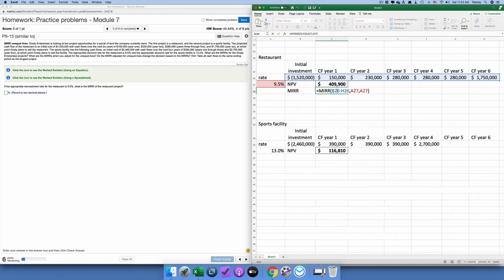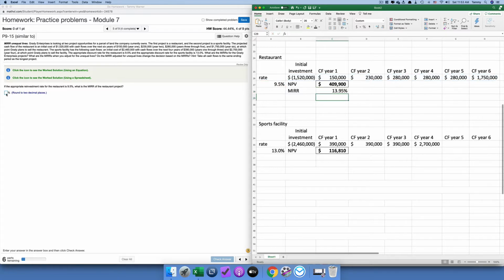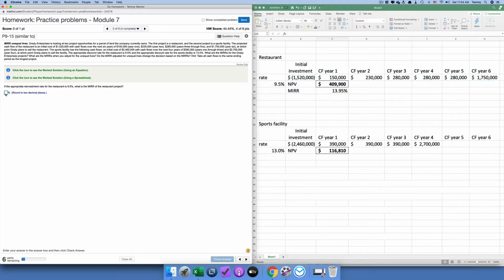And so you just invoke this formula where you take the modified IRR of all of these cash flows, remembering that your initial investment has to be negative in order to have an IRR of any kind, and then you give it the discount rate and the reinvest rate as the same number, and so you come up with a 13.95 IRR for this restaurant project.